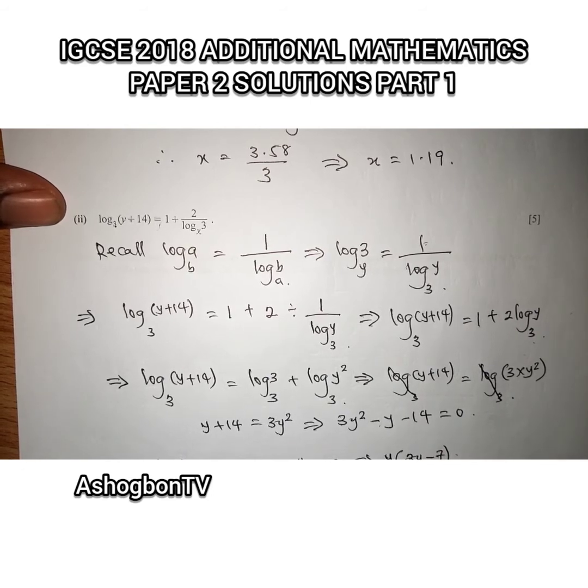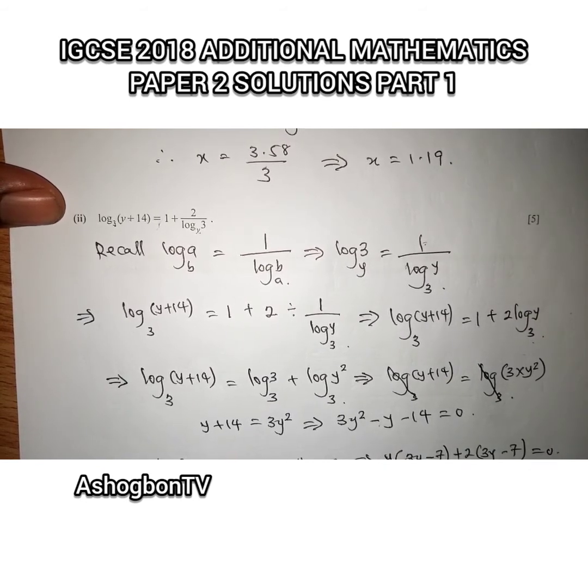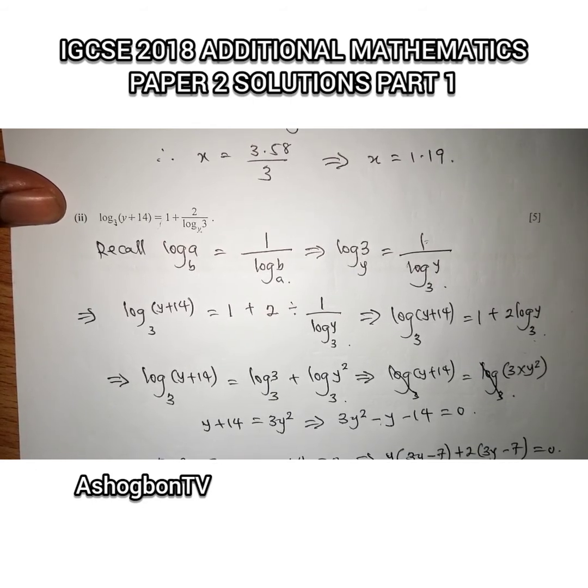Check, that is 2. So you have plus 2, and here you have 3y minus 7, and that will be equal to 0. So I'm going to have y plus 2 and 3y minus 7 all equals 0. Which implies that either y will be equal to minus 2, taking this to the other side, or here make y the subject of formula.